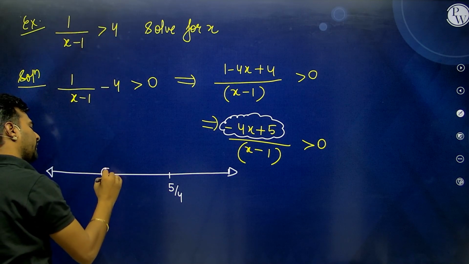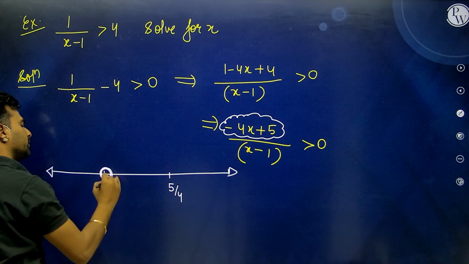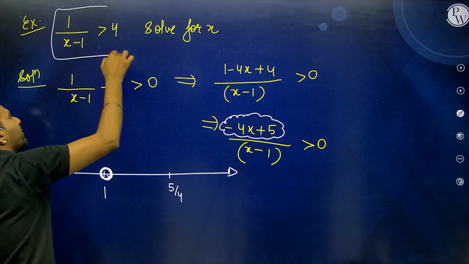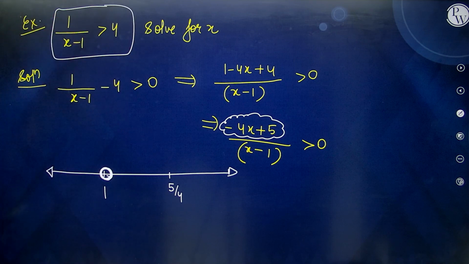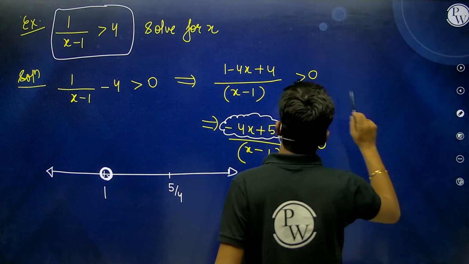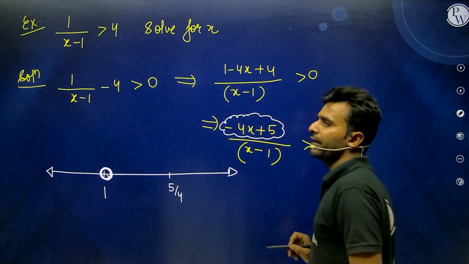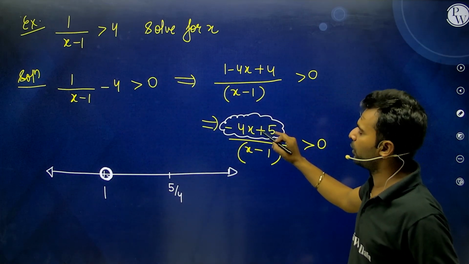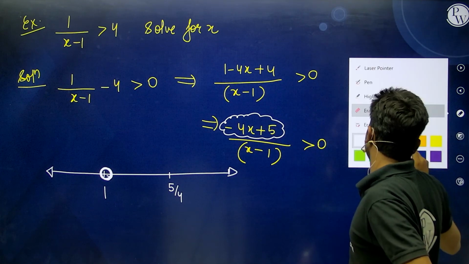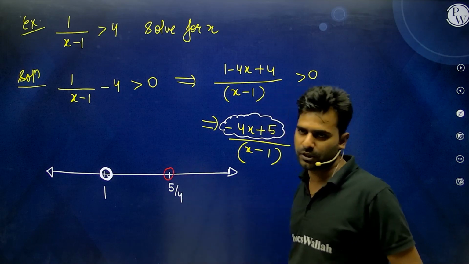That means you have to put x equal to 1 as an open circle always, because in the original question the denominator can never be equal to 0. So that will never be your solution. Number 2 is x equal to 5 by 4. If you put it, is the inequality satisfied or not satisfied? Not satisfied, right? That's why an open circle over here as well.